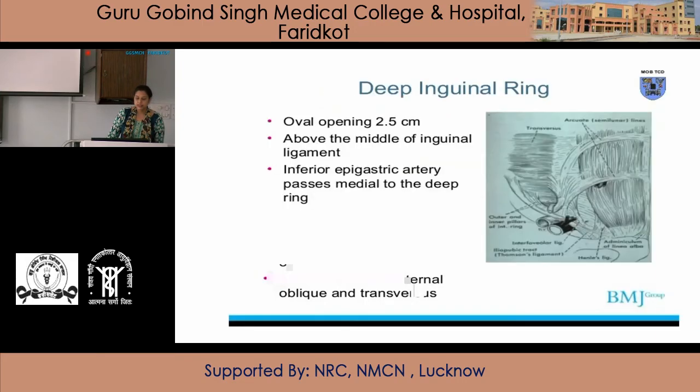Next is the deep inguinal ring, an oval opening 2.5 cm above the middle of the inguinal ligament, which extends from the anterior superior iliac spine to the pubic tubercle. The inferior epigastric artery passes medial to the ring.